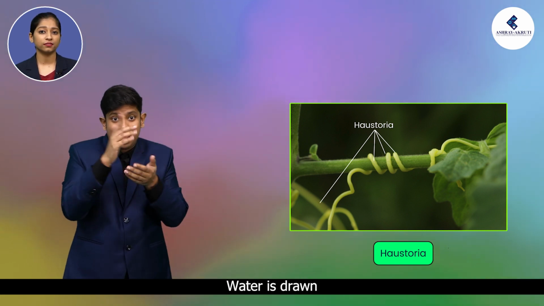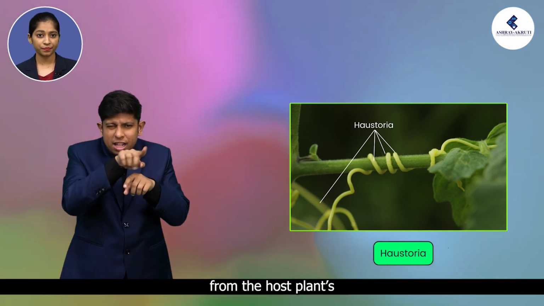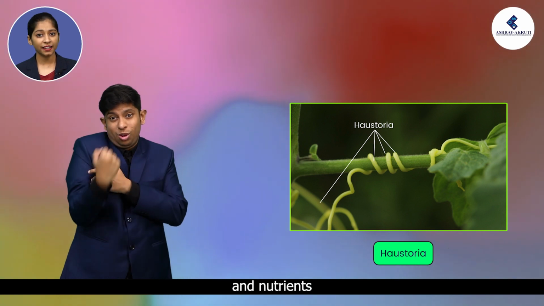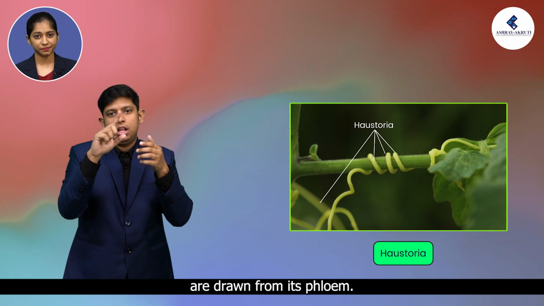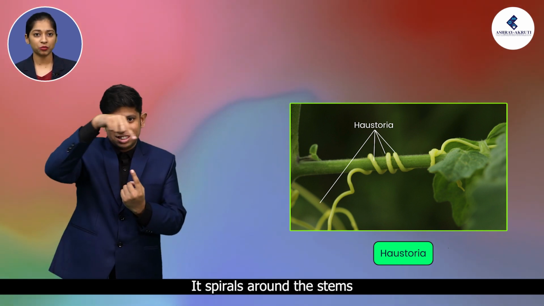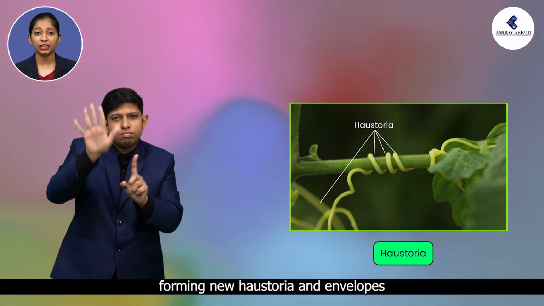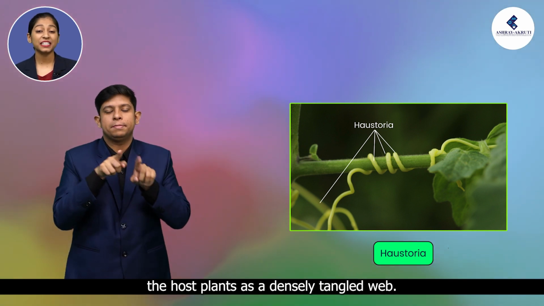Water is drawn through the haustoria from the host plant's xylem, and nutrients are drawn from its phloem. It spirals around the stems, forming new haustoria, and envelops the host plants as a densely tangled web.